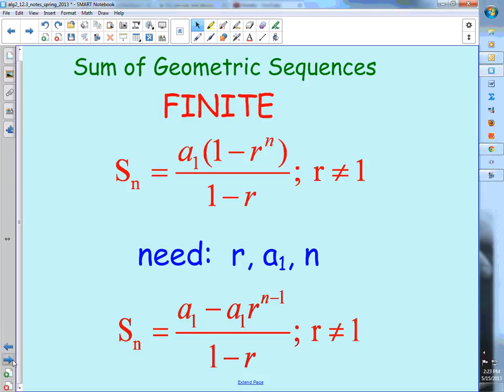But they're all the same formula, just different presentations of it. I don't particularly like the first one, but it's out there. These two work great. Do it whichever way you want. Everybody get these copied? Okay.